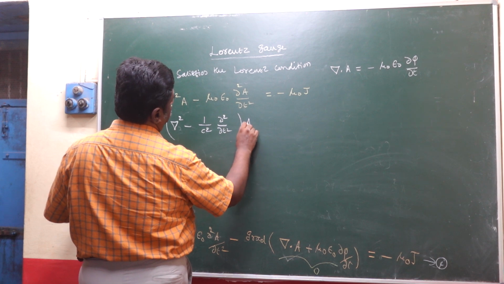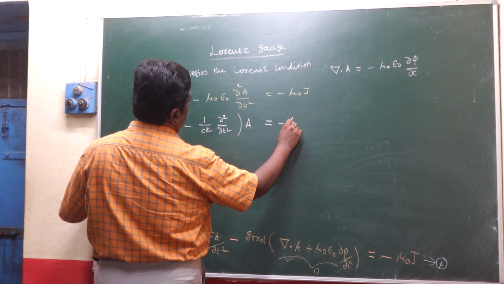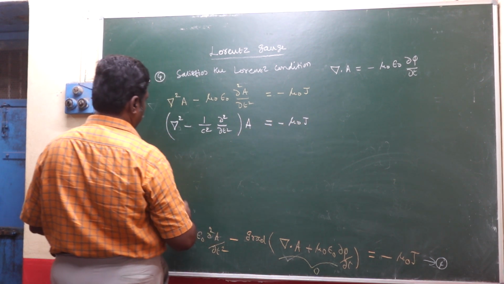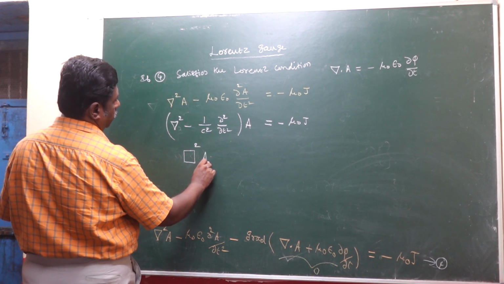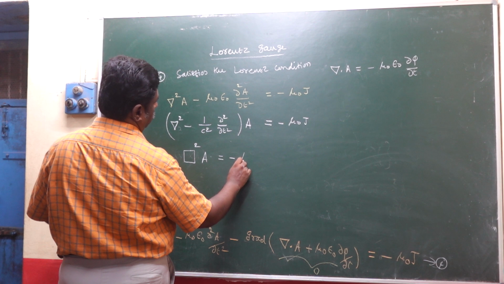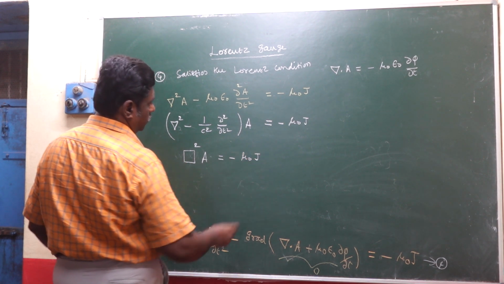Entire operator is multiplied by A equal to minus mu naught into J. There is the D'Alembert operator operating on the vector potential equal to minus mu naught into J.